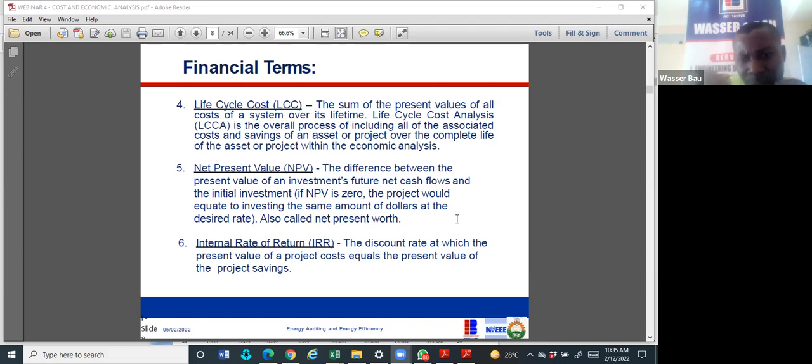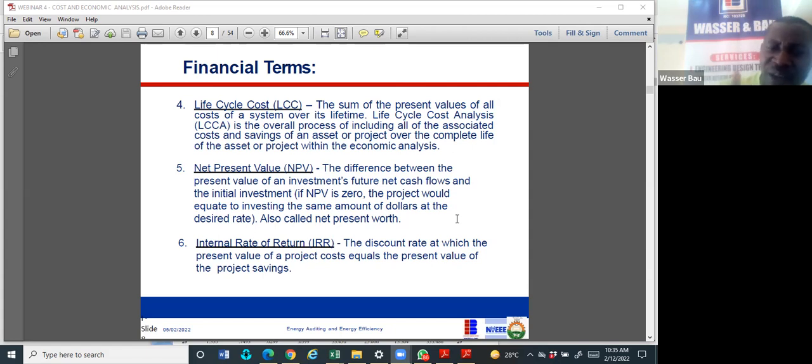But the net present value has some implications. For instance, if the net present value is zero, it means outflow and inflow are equal. It means I'm not making profit, I'm not making loss. Okay. And the interest rate at that point where the NPV is zero is what we call internal rate of return.